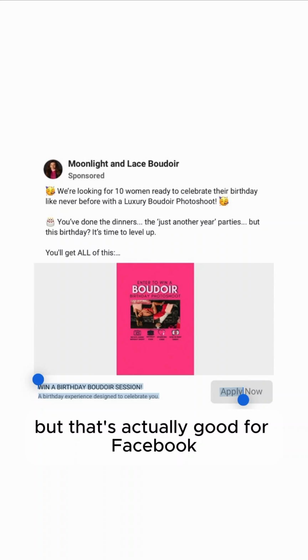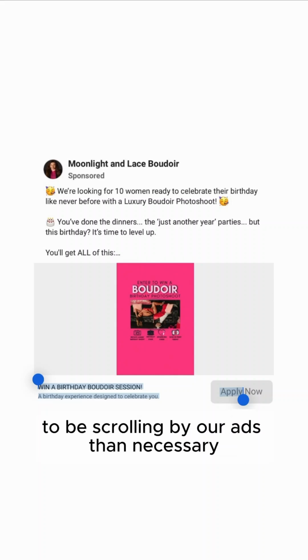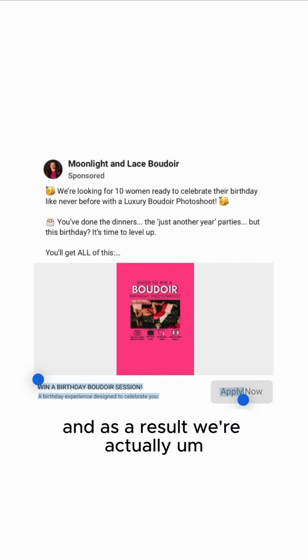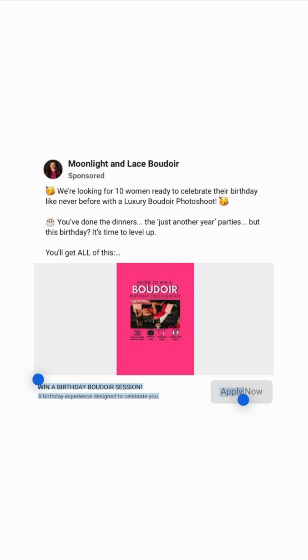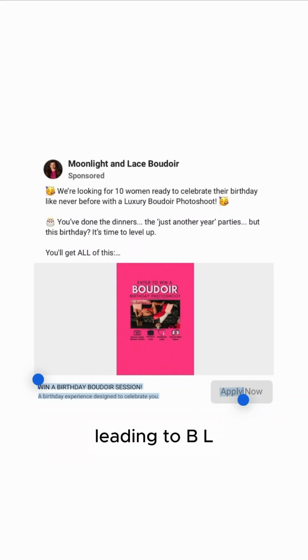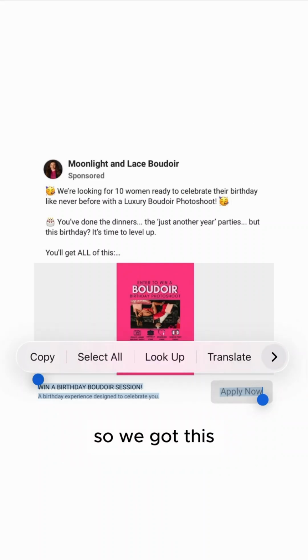But that's actually good for Facebook. It's bad for us because it causes way more women to be scrolling by our ads than necessary. And as a result, we're causing more women to scroll by, pulling our unique CTR under 6%, leading to BLCS, Boudoir low-click syndrome.